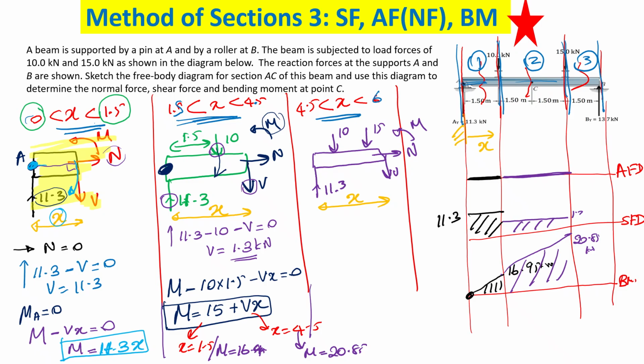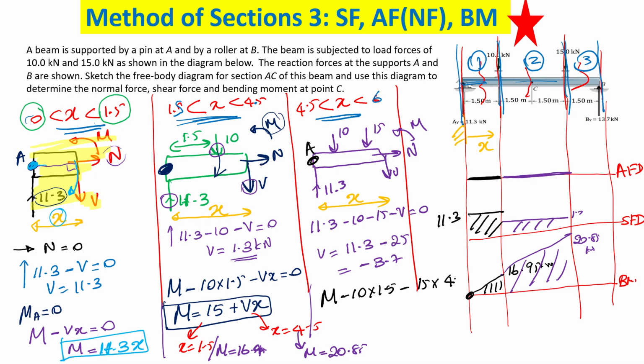Okay, so let's see. V should be now 11.3 minus 10 minus 15 minus V is equal to 0, right? So V is equal to 11.3 minus 25. So what did you get? Minus 13.7. Okay. Now the next one. Moment about point A. So you have M minus 10 times 1.5, minus 15 times 4.5.